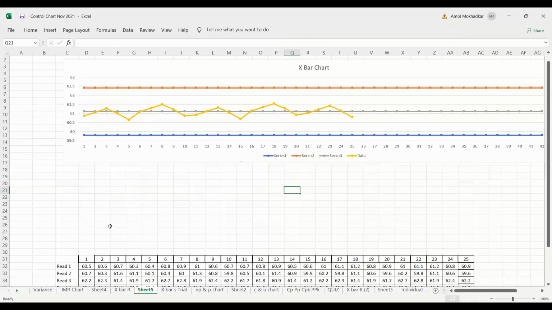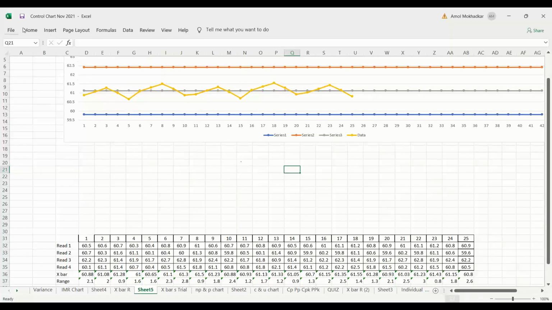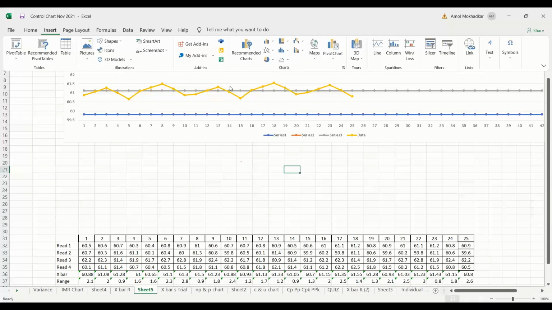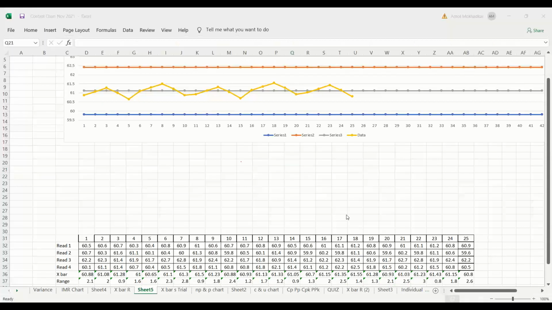So this is your x bar value. This is the data. ये जो यहाँ पे कौन सा डेटा आया हुआ है? What data you have here? ये जो डेटा है x bar value 60.88 is plotted here, है ना? Then 61.08 is plotted here.